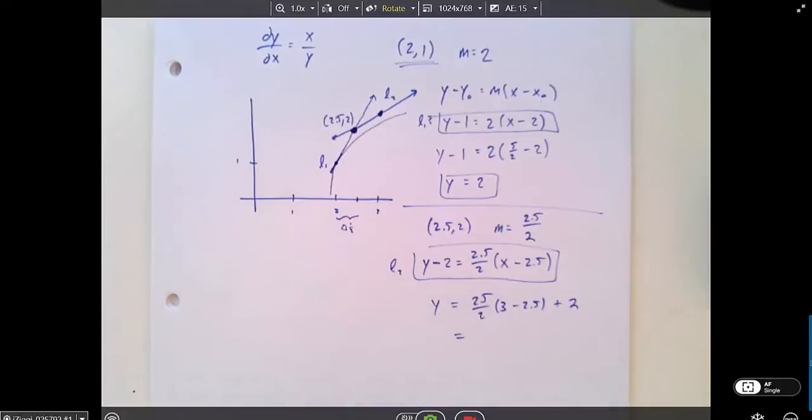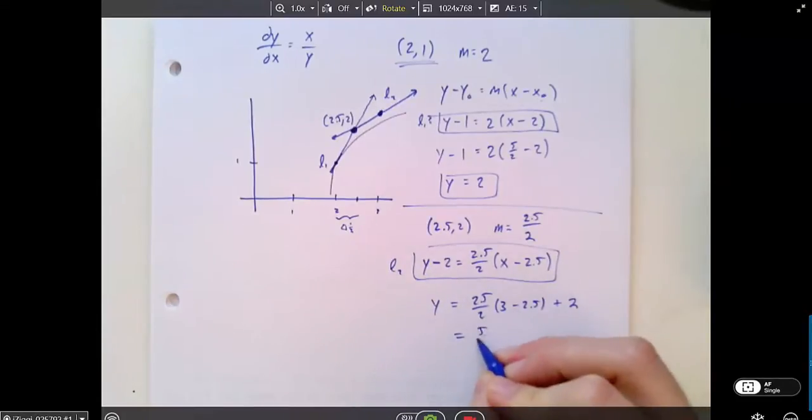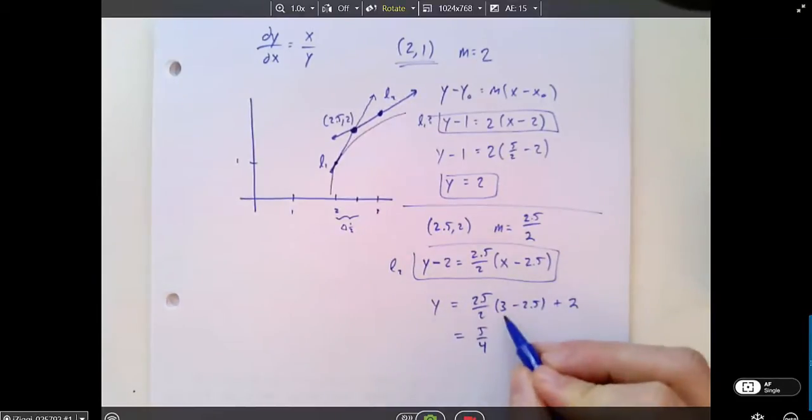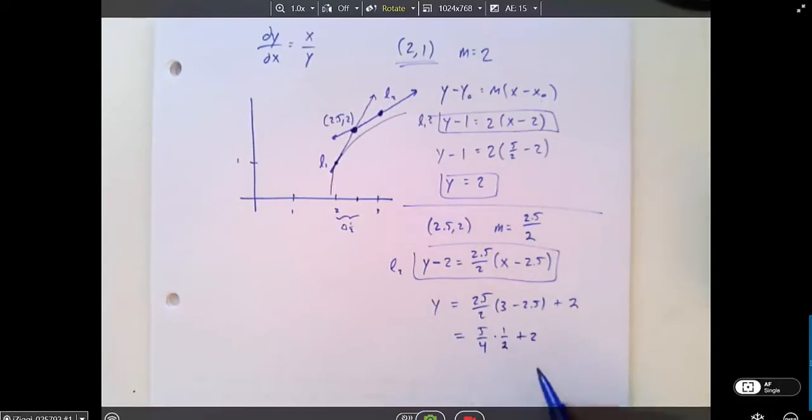And then you can work this out. So let's see, this is 5 halves divided by 2, which is 5 fourths. 3 minus 2.5 is a half. So that's 5 eighths. So that's 2 and 5 eighths. And that's all there is to Euler's method.